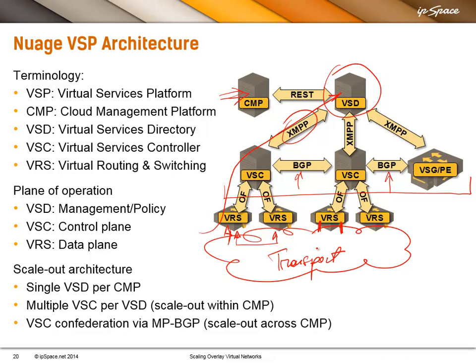We can use any IGP that is available, so all of them. So VSC becomes a regular router in the transport network, and then it uses the regular BGP next hop handling mechanism in the BGP route selection process. That's correct. Perfect. Thank you for pointing this out.